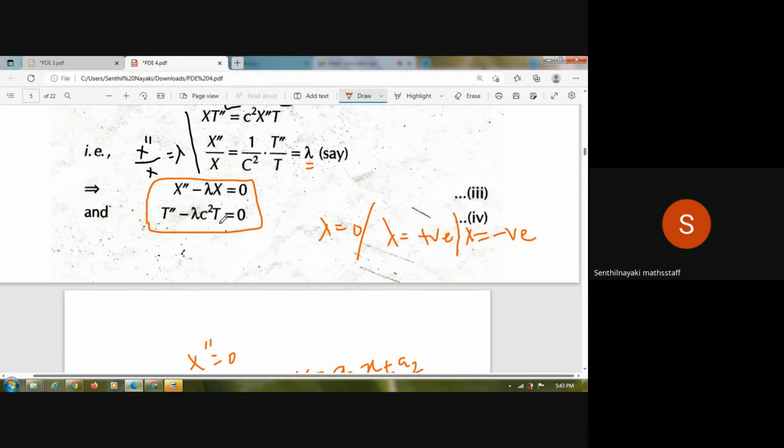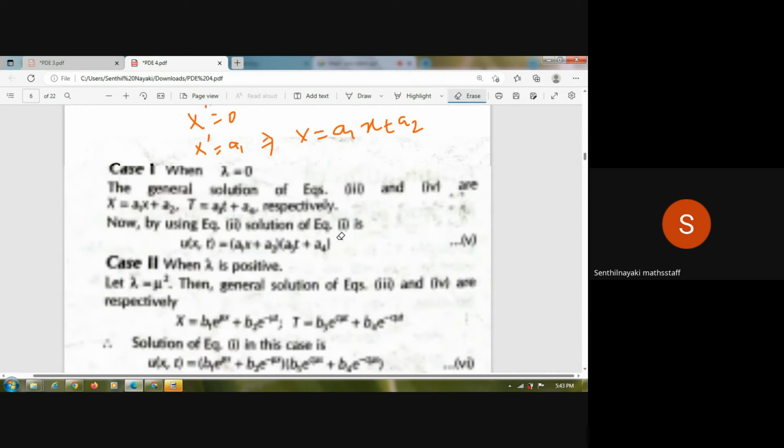Next, if lambda is positive, let it be lambda equal to mu square. Then we have X double dash minus mu square X equal to 0.